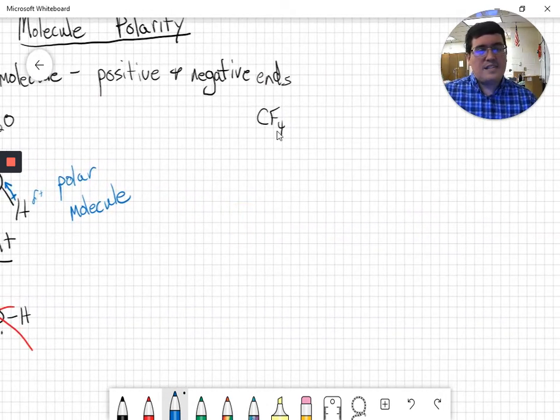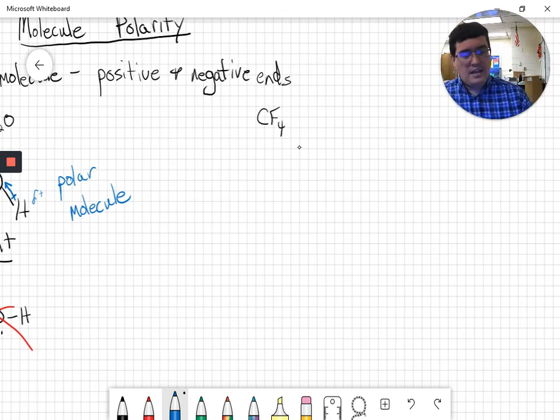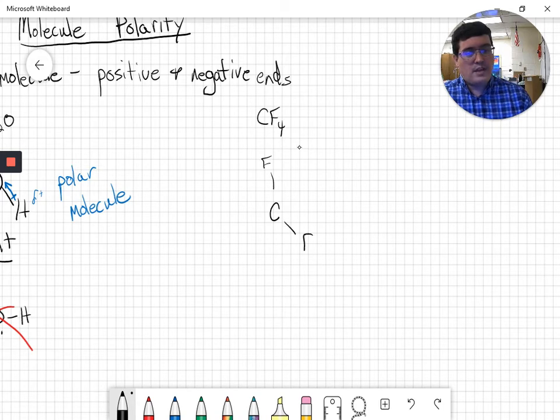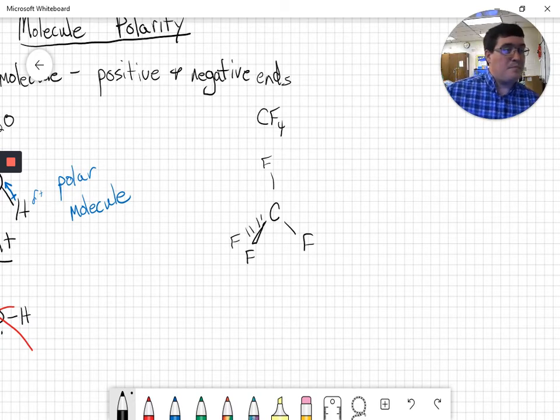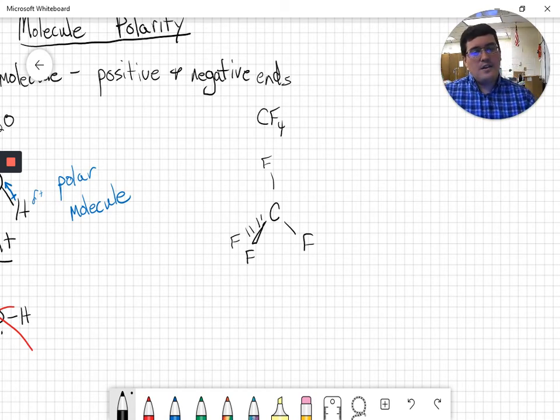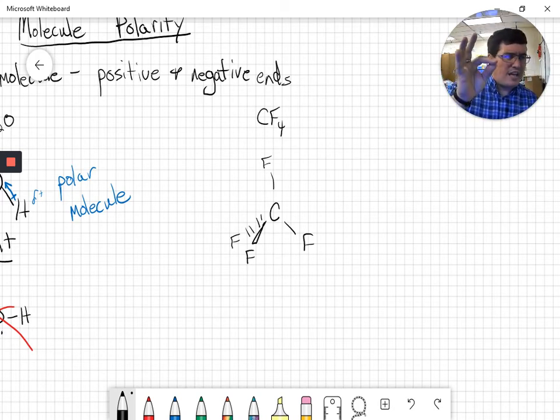So when we look at CF4, right, I'm going to switch back to the black ink here. We've got carbon, we've got fluorine up on top, we've got fluorine down here, and then remember this one's tetrahedral. My dashed lines are not getting any better, unfortunately. All right, so we've got fluorines and carbon all around. I'm not going to look at the table. I already know fluorine is the most electronegative element.